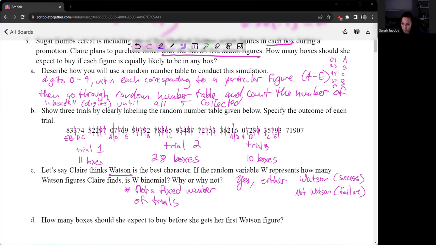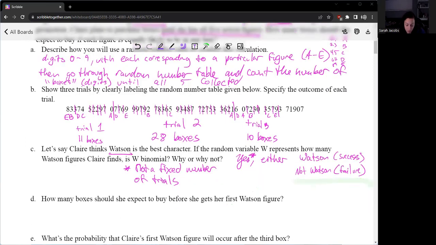That would definitely be binomial. So I'm going to put an asterisk with this. Yes, we can turn this into a binomial question by defining Watson as success and not Watson as failure. But there isn't a set number of trials yet.